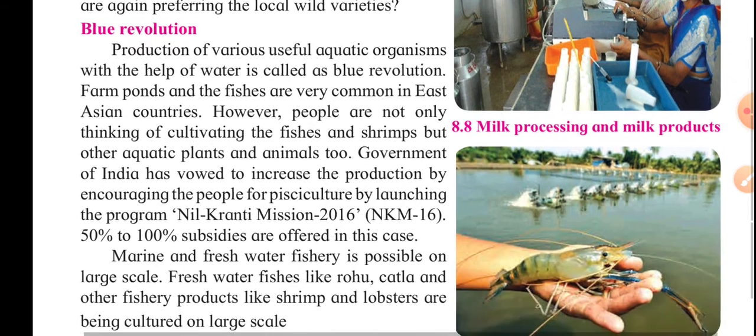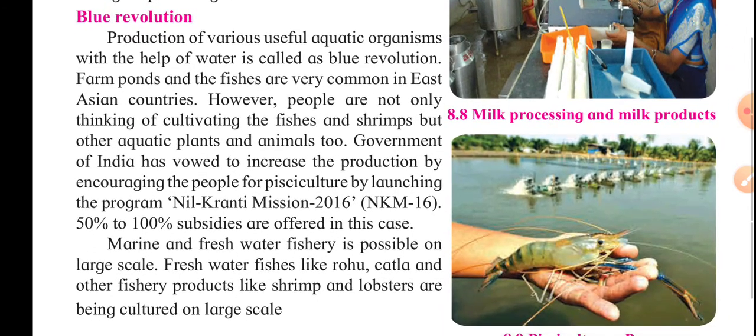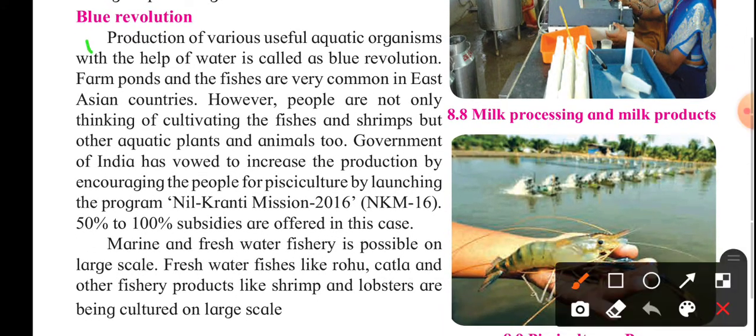Further is the blue revolution. Production of various useful aquatic organisms with the help of water is called the blue revolution. Farm ponds and fishes are very common in East Asian countries. However, people are now thinking not only of cultivating fishes and shrimps, but other aquatic plants and animals too.